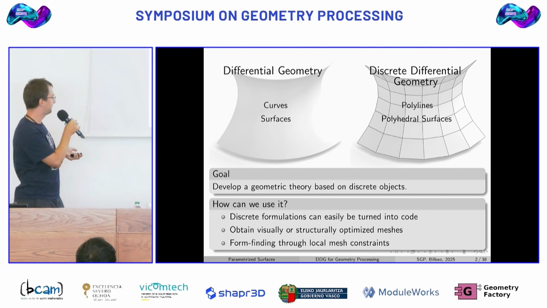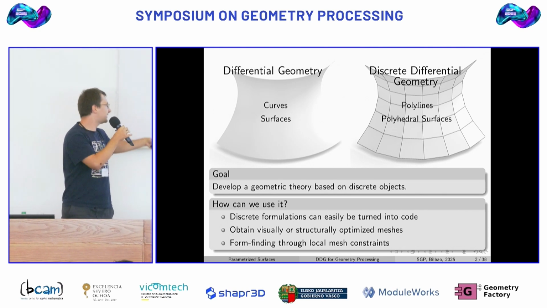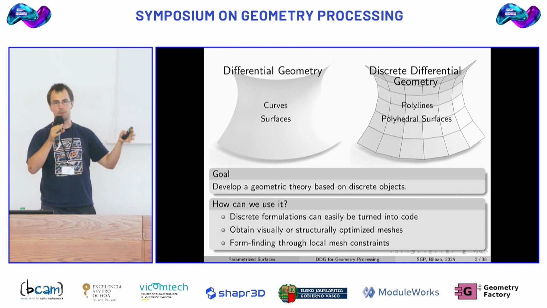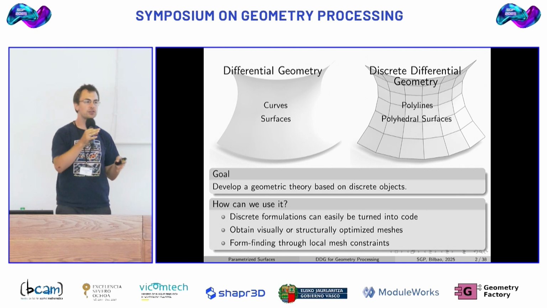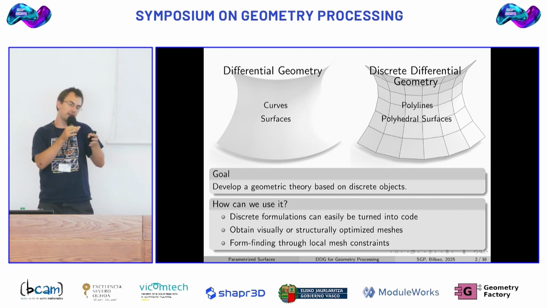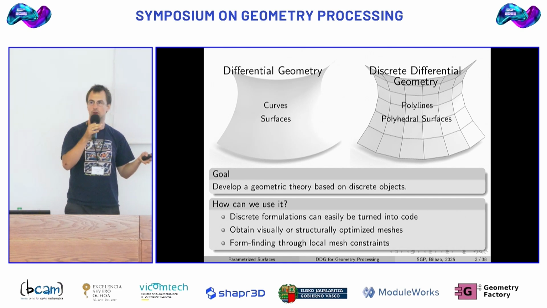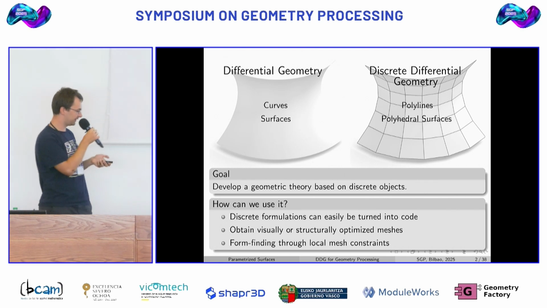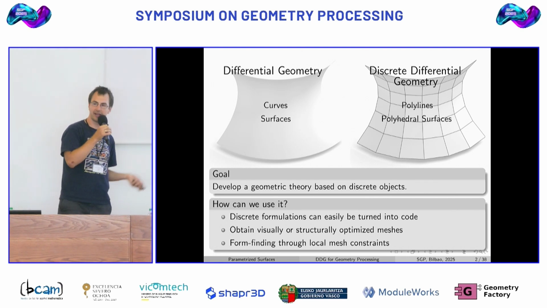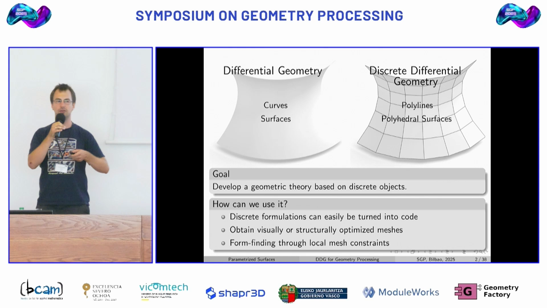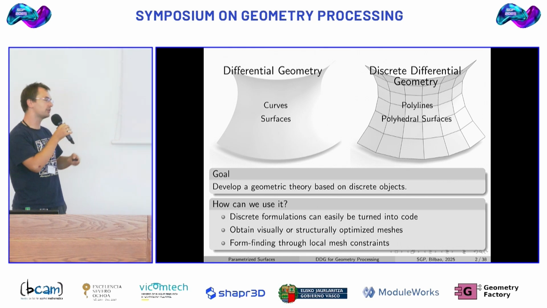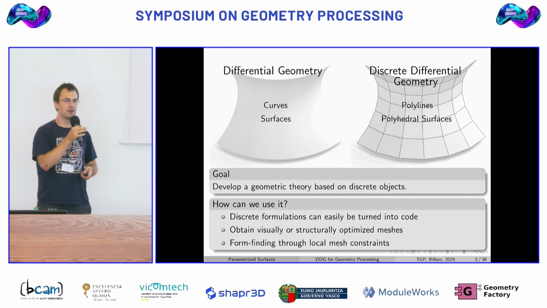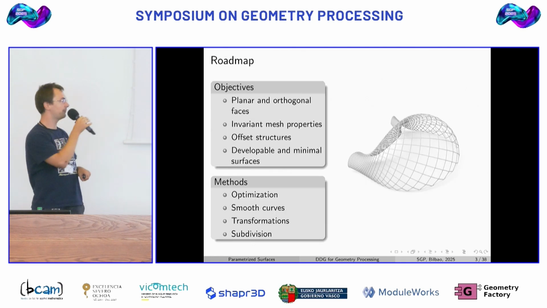And one last part that we are going to talk about today is how imposing restrictions on meshes can also help you to not only find meshes with certain features, but also surfaces, so entire shapes with certain features. This is by far not everything. I will only talk about quad meshes today, you will see, but you could also do discrete differential geometry for triangular meshes, and there's much more, but this is roughly what I'm going to tell you now.